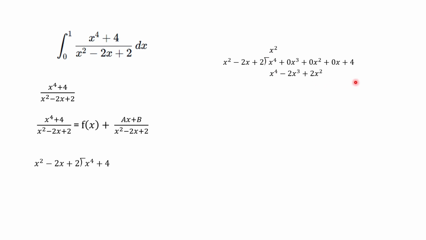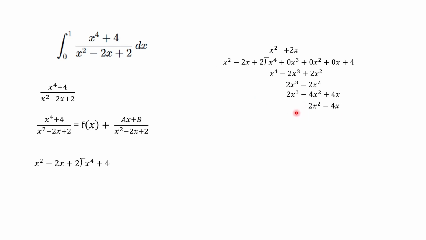Cool. And then I need to subtract this here from my polynomial, and you'll produce this. And so that means now I have an x squared on the outside, and I don't need to worry about it because I've already subtracted from the polynomial. And then you can just repeat the process. So 2x cubed divided by x squared will just produce plus 2x, and then multiplying this polynomial here by 2x will produce this, and again taking away will produce this.